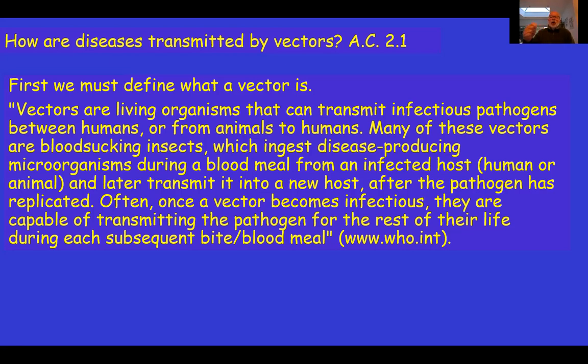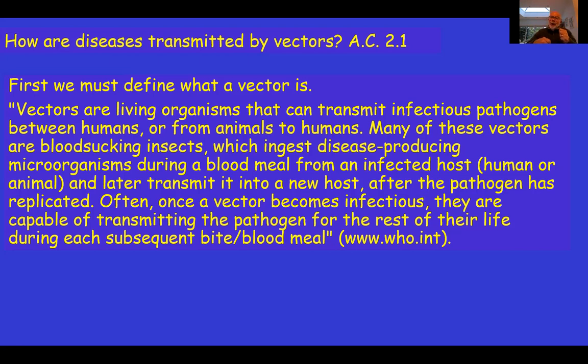But then they go on to later infect a new host. So it could be the person next to you, another family member, someone down the road. Okay. And it's because they are going from person to person, getting a blood meal. That's how the disease spreads.